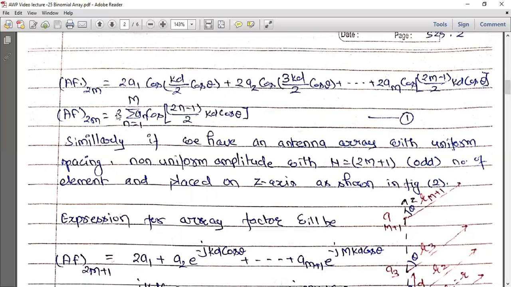When we consider the number of elements in the antenna array, capital N, to be odd, that is of the 2m plus 1 type, we again place the antenna elements on the antenna array such that they are situated on positive and negative z axis and distributed symmetrically around the origin, and the excitation will also be provided such that it is distributed symmetrically around the origin. So the arrangement looks like this.